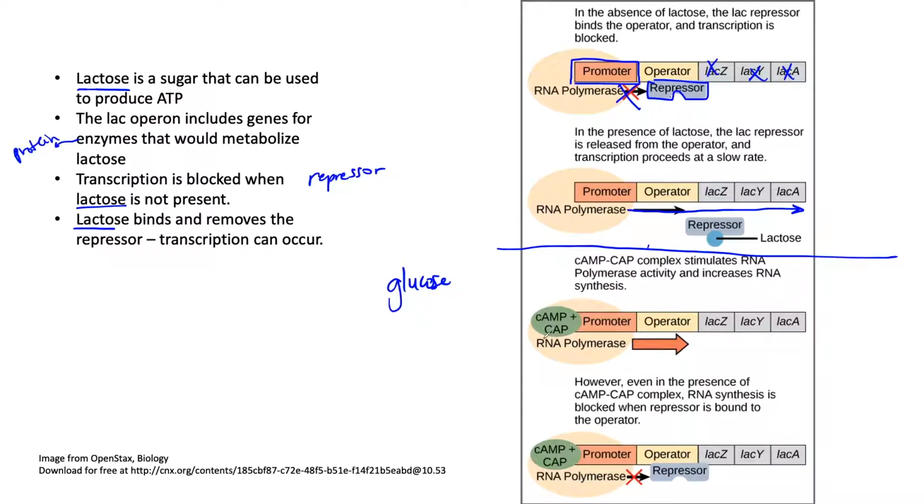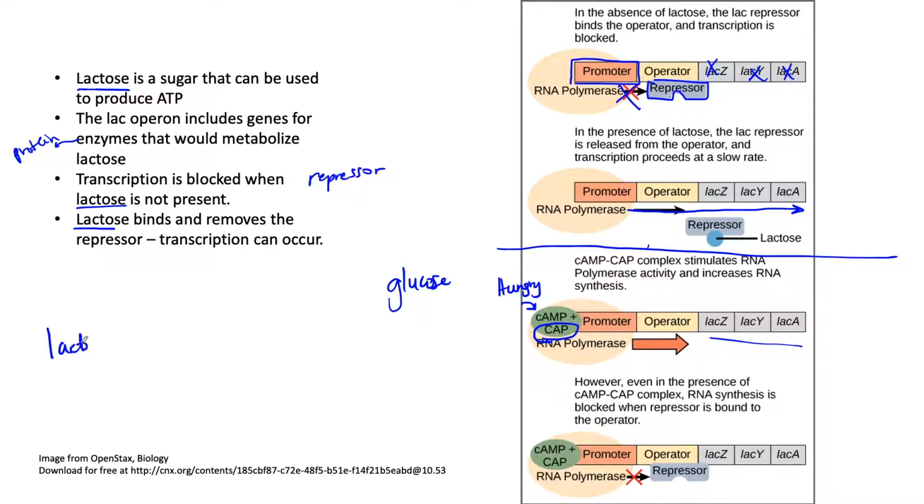But there is this protein called CAP, and it is activated by something called cyclic AMP. And what I want you to think about with these is quite simply, these are the hungry signals. So when glucose gets low, these are going to be around. So what this does is this actually increases the amount of transcription that's occurring. So in order to get any measurable amount of these enzymes, then two things have to be true.